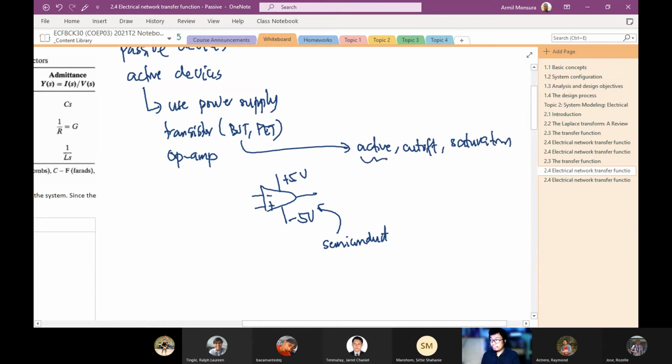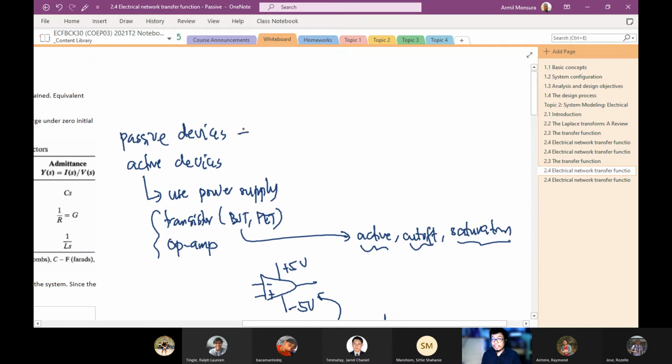Para mailagay niyo yung BJT sa isa sa mga state na yan, you need to bias the transistor. And for you to bias the transistor, you need a power supply. So para mag-operate yung mga active devices niyo, they need power supply. Yung passive device, yun ang hindi kailangan ng power supply.